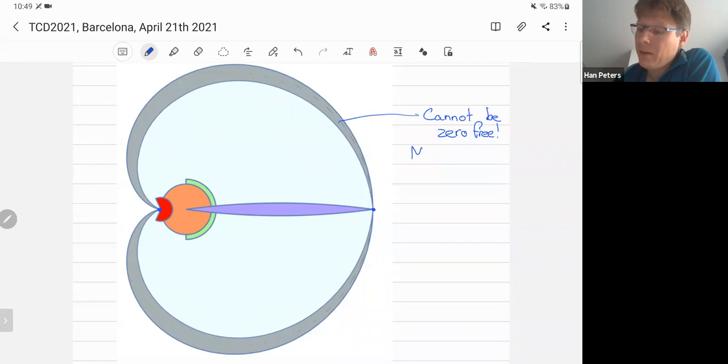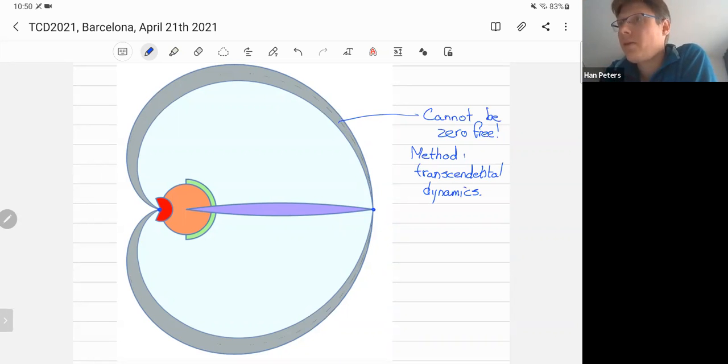And here the method is, well, ideas that I discussed above, plus transcendental dynamics. What we do is we let the degree go to infinity, and in the limit you obtain some exponential semigroup involving exponential functions.